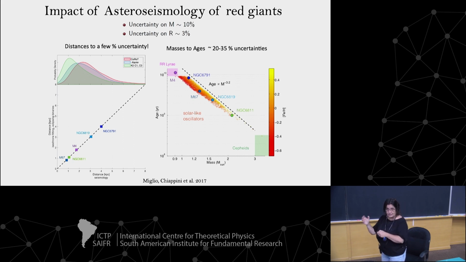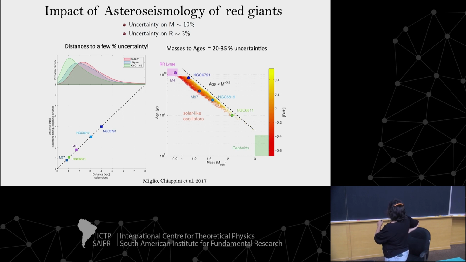For giants it is good and easier than for dwarfs, because for giants you have this relation. Mass and age is an almost linear relation here. So if you know the mass precisely, you can infer the age. And here are some examples of objects for which you know the age and you know the mass, and you fall in this relation.